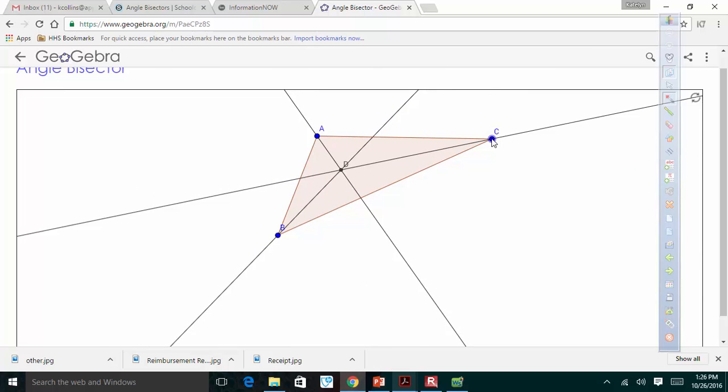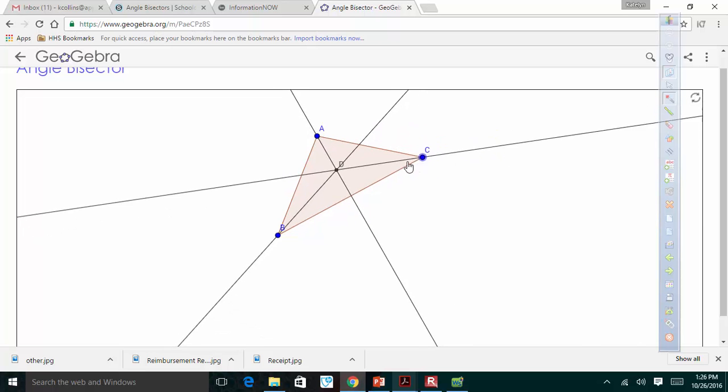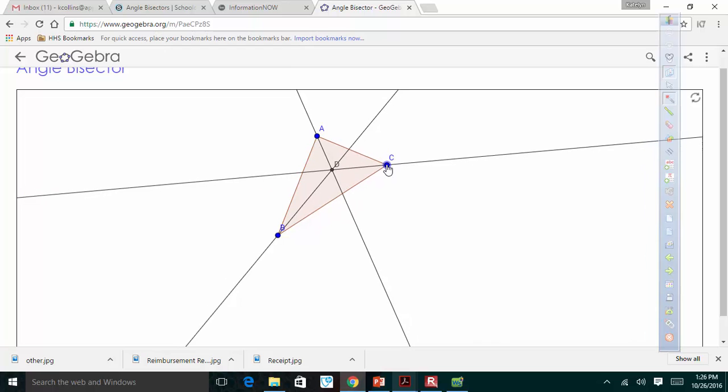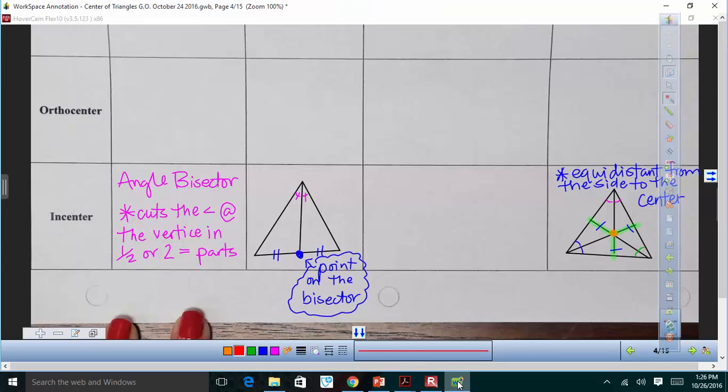Where's the center? Inside. And what about if I make it a right? It's still inside. So angle bisector means always inside.